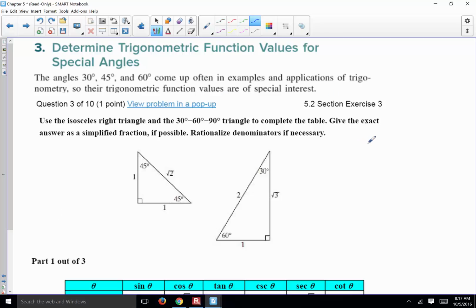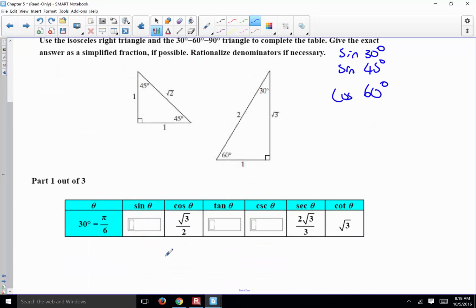You need to know 30, 45, 60 of any trig functions by heart. These will be popping up a lot. What is sine 30, for example? Sine 45, cosine 60, that kind of thing. These 30, 45, and 60 are staple values. We need to build them and learn them by filling out this table.